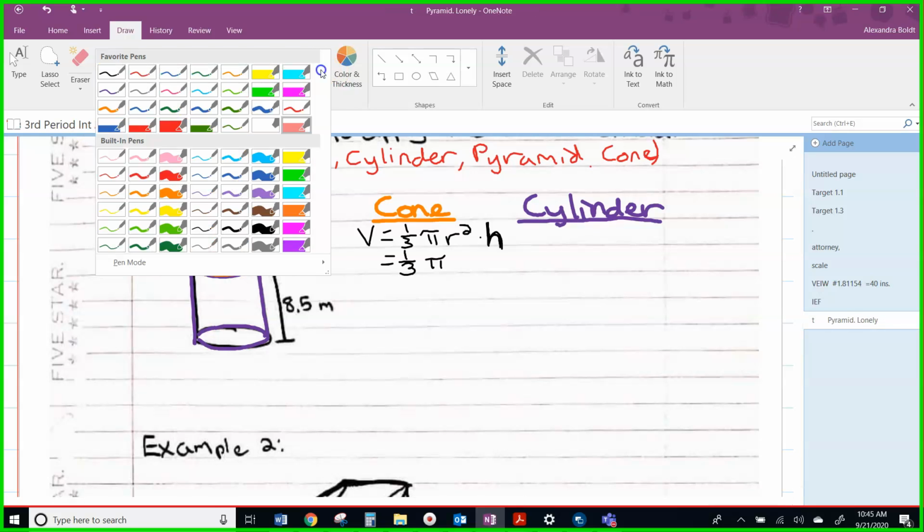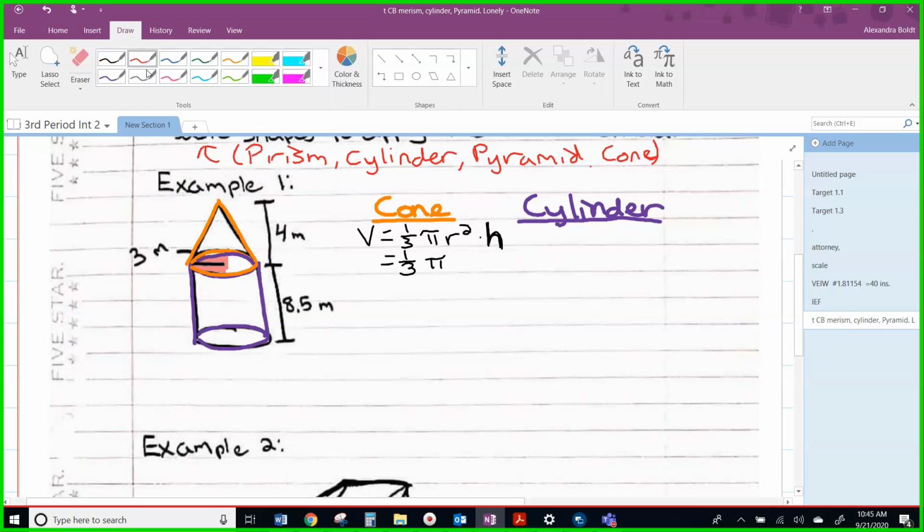So I don't have to do anything with it, right? Remember, the definition of radius is half the distance. So since this line only goes halfway, I just get to use this 3 that's already there as my radius. And then our height is 4.